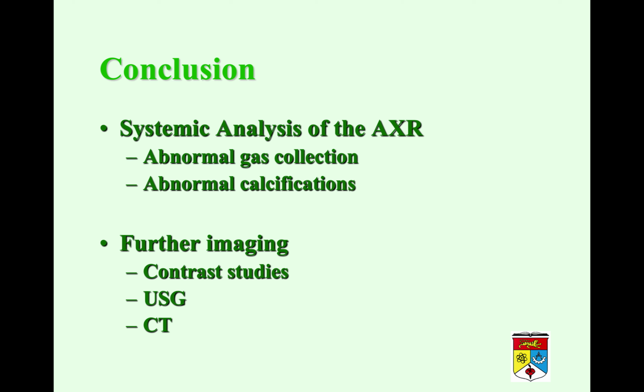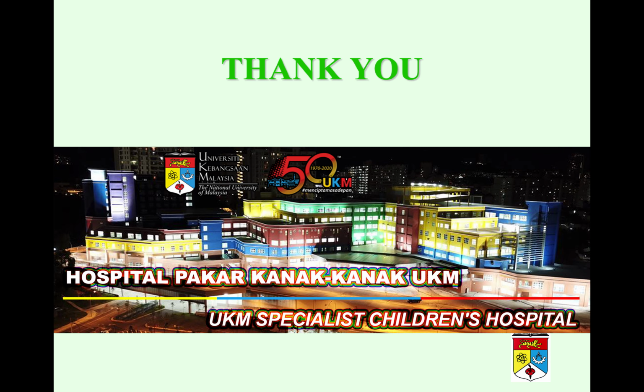Then you have certain differential diagnoses, and of course think about further imaging study that can be done, be it ultrasound, contrast study, or CT scan, based on your differential diagnosis. Okay, with that I thank you.